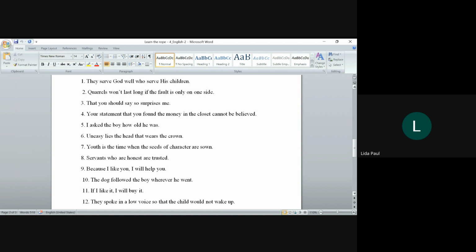Seventh one: youth is the time when the seeds of character are sown. It's about the time, right? It's telling you about the time.